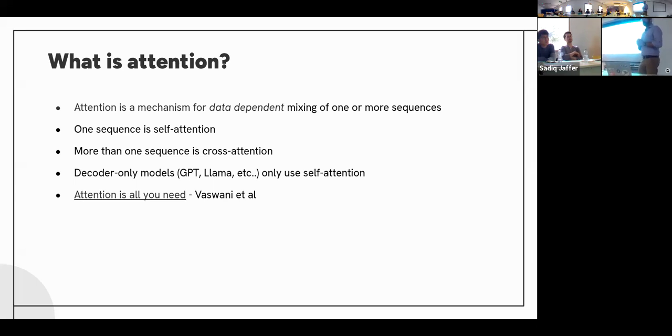Those use cross-attention to attend between two different sequences. But we're really only looking at self-attention. Self-attention is the attention that appears in these decoder-only models, as they're called. So GPT, Llama, Mistral, those kinds of models only use self-attention, right? And the definitive paper for this is Attention Is All You Need.